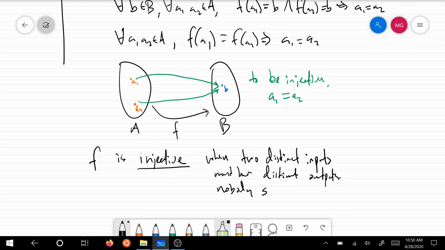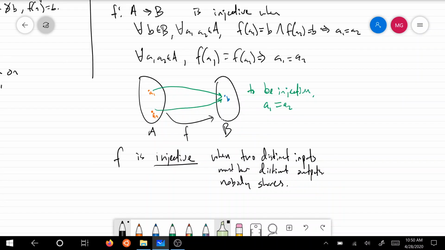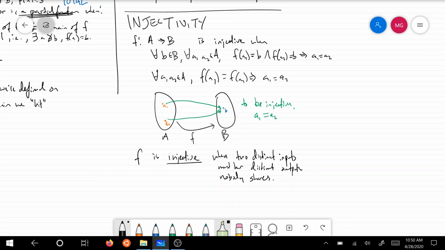Nobody shares. Okay, so this is like the 2-year-old's preferred functional property.